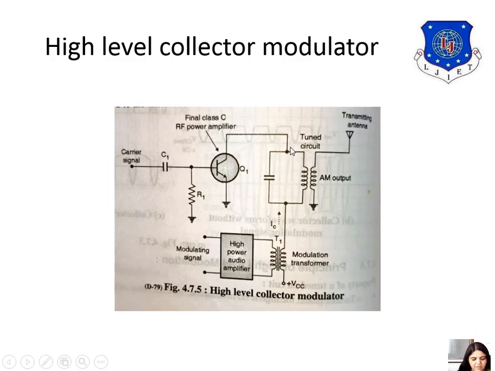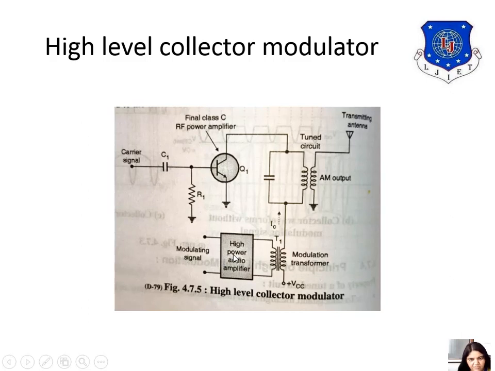Now the high power audio amplifier amplifies the modulating signal. In the high level collector modulation, before applying the modulation, the signal is amplified.